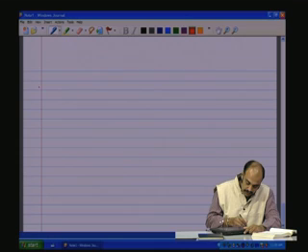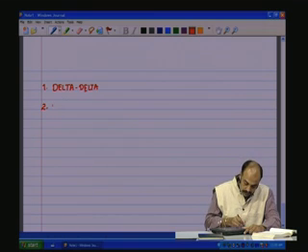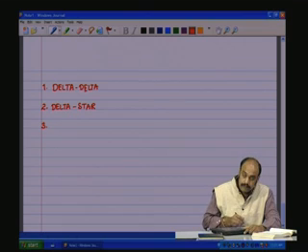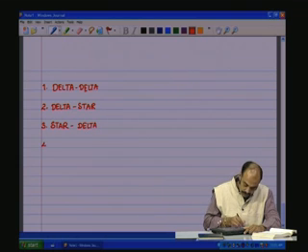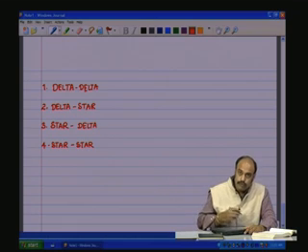So let us say we have the four main topologies, and that is delta-delta, the second delta-star, third star-delta, and fourth star-star. So these are the four main topologies.